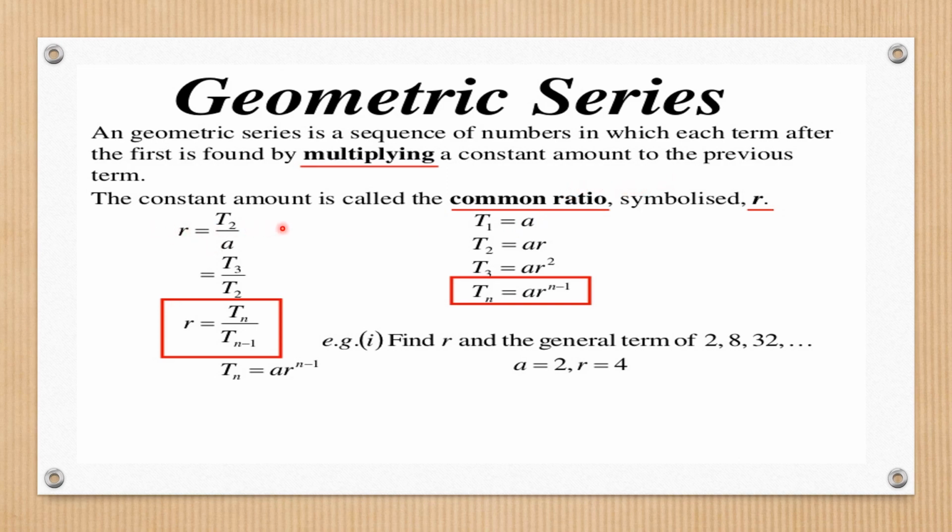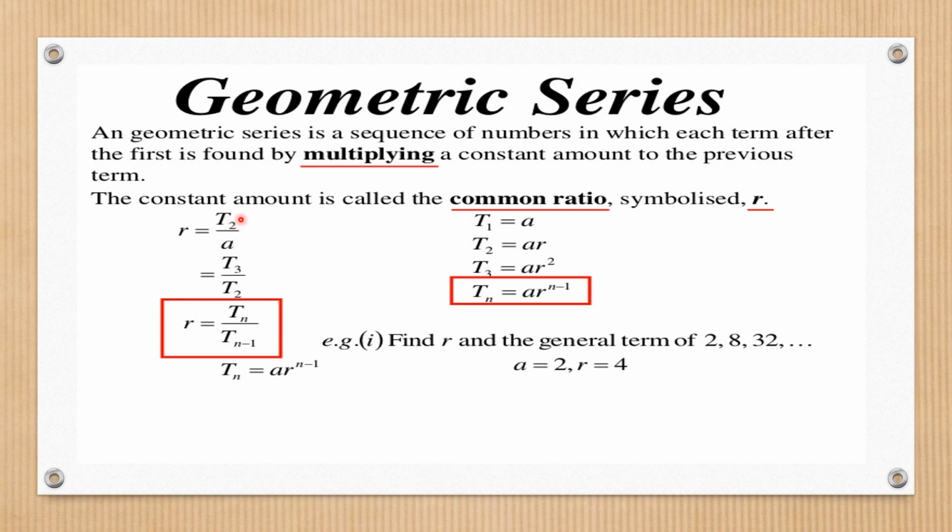The constant amount is called the common ratio. In AP it was called the common difference, and here it is called the common ratio, symbolized with small r.